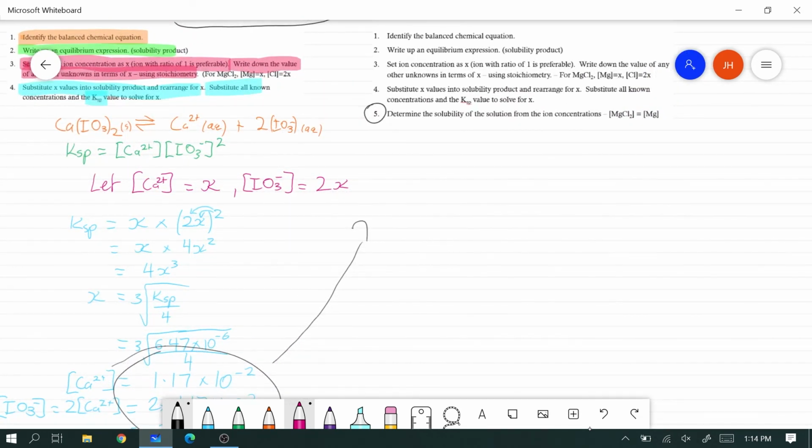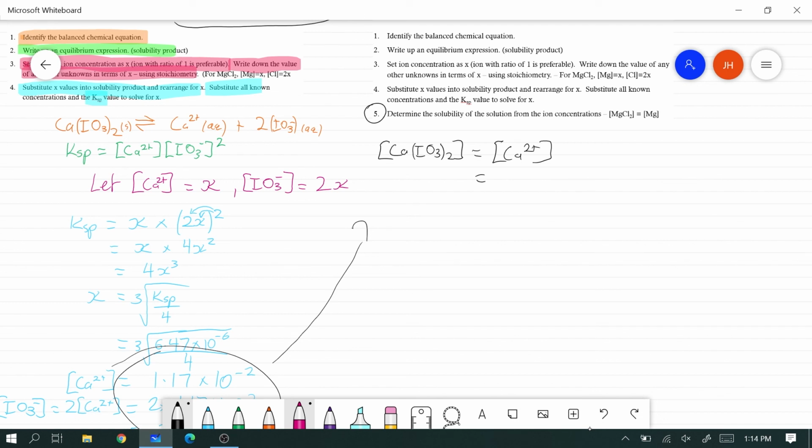To do that, what we can say is that the concentration of the calcium iodate is equal to the concentration of the calcium ions. That has to do with the ratios in the empirical formula.